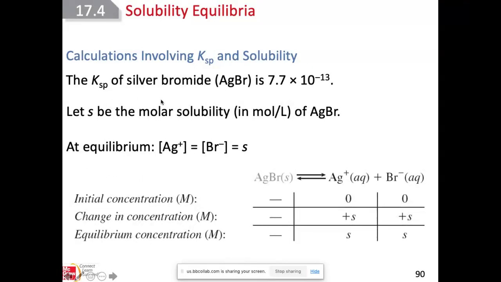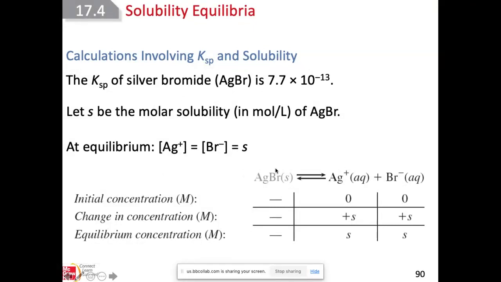Let's say I have silver bromide, and the KSP of silver bromide, take a look at the value, is 10 to the negative 13. It is a very, very small amount. That means the ions Ag+ and Br- are present in very small amounts.